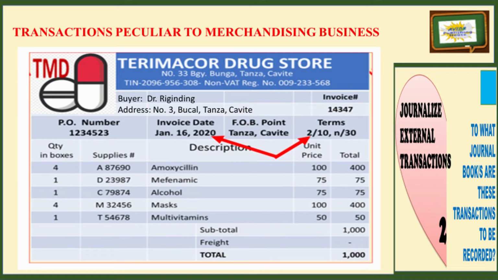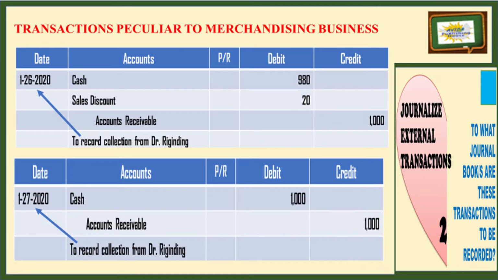So, we have this invoice. You have to analyze the invoice as to the date of the invoice and the terms of the sales transaction. So, take note of that in recording the transaction.